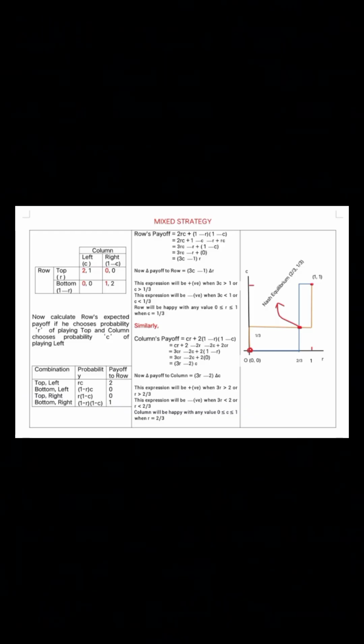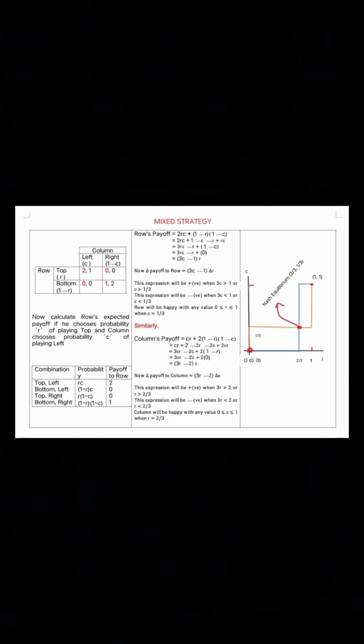So this expression, (3C minus 1) whole into delta R, is delta payoff to row. This expression will be positive only when, in the bracket, 3C is greater than 1, or if you divide both sides by 3, C is greater than 1 by 3.